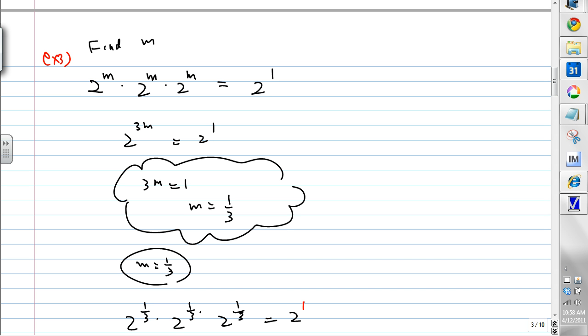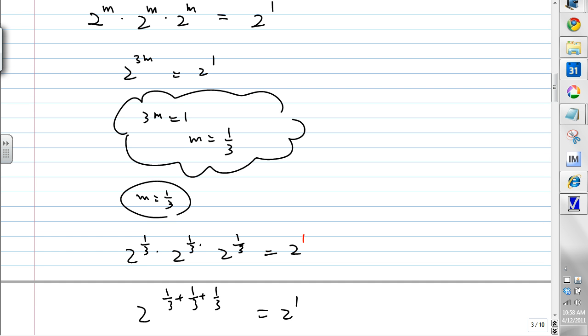Any question? Does that make sense? As you can see, I can verify. It checks, right? 1/3 plus 1/3 plus 1/3, isn't that 2 to the first? Any question? So let's think about this now. What do you think 2 to the 1/3 really means? We know that 2 to the 1/2 was the square root of 2, right?